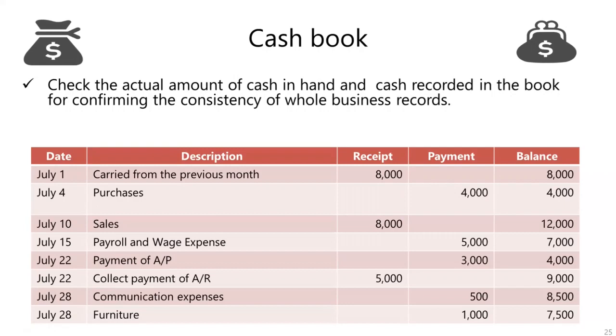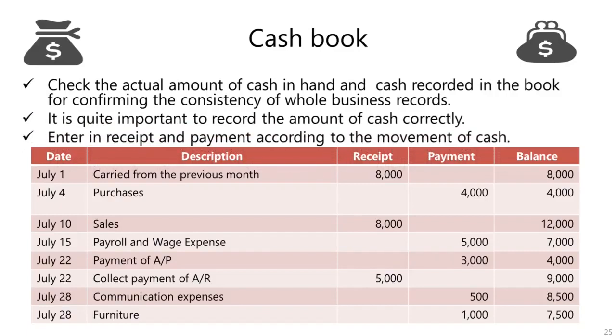For example, in the general ledger, if the cash amount is not the same as the actual cash position, it means that some journal entries were recorded mistakenly, so that any mistake of any transaction, any journal entries, goes to the cash account. That is why cash is important.